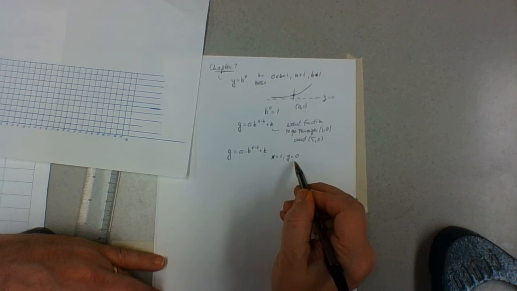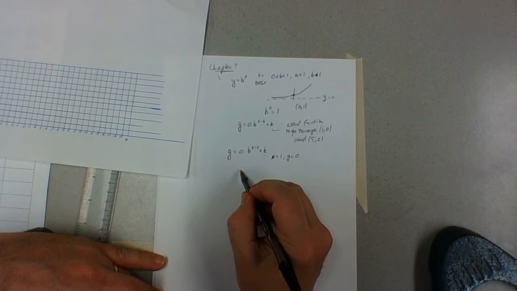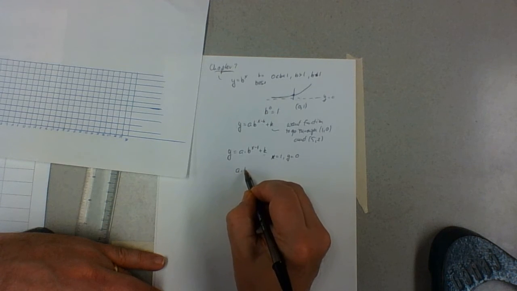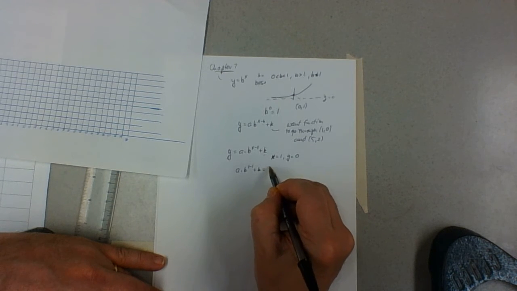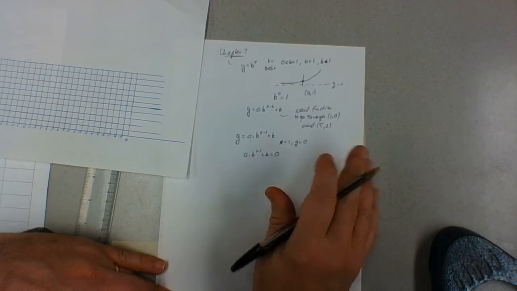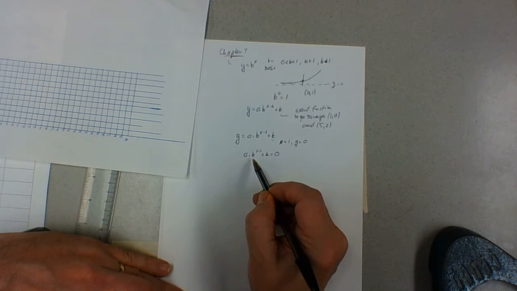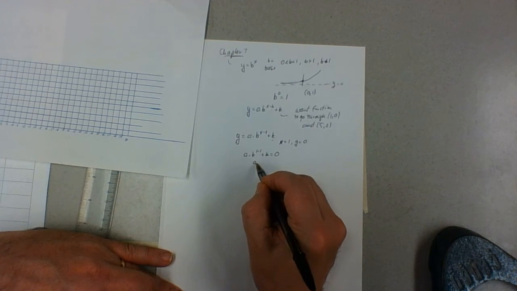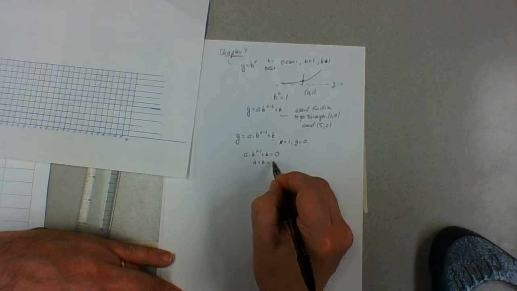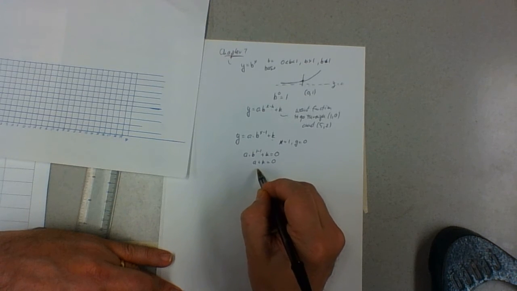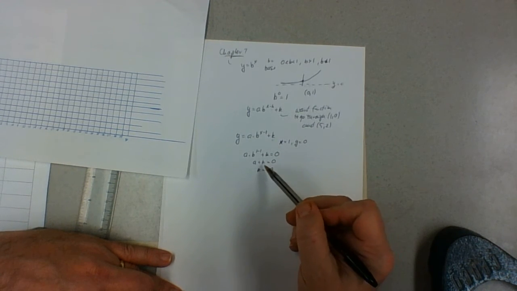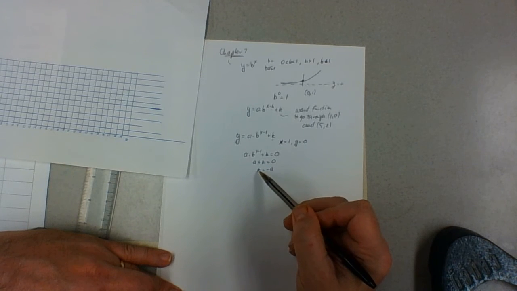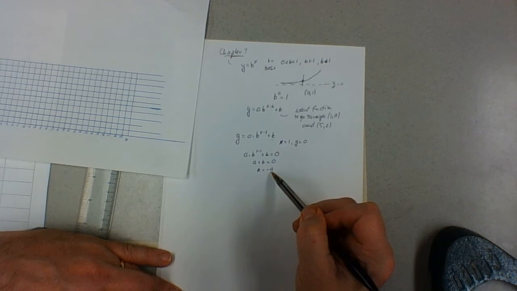So I'm going to substitute in that ordered pair into my function. So a times b to the 1 minus 1 plus k, I want that to be equal to 0. And b to the 1 minus 1, or b to the 0, is 1, so that gives me the equation a plus k is equal to 0, or maybe I'll say it this way, that k is equal to negative a. So I'm going to solve for the constant k in terms of a myself.